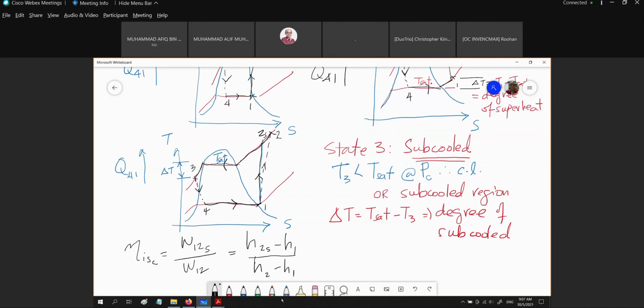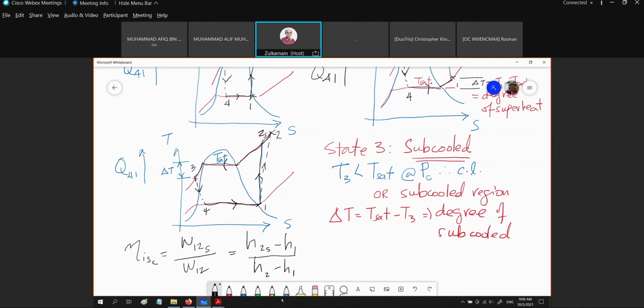Okay, so this is the analysis from the reverse Carnot cycle. We go for the VCRC, and then we look at how we increase the cooling effect: firstly putting point 1 at saturated vapor, secondly putting point 1 at superheated vapor.